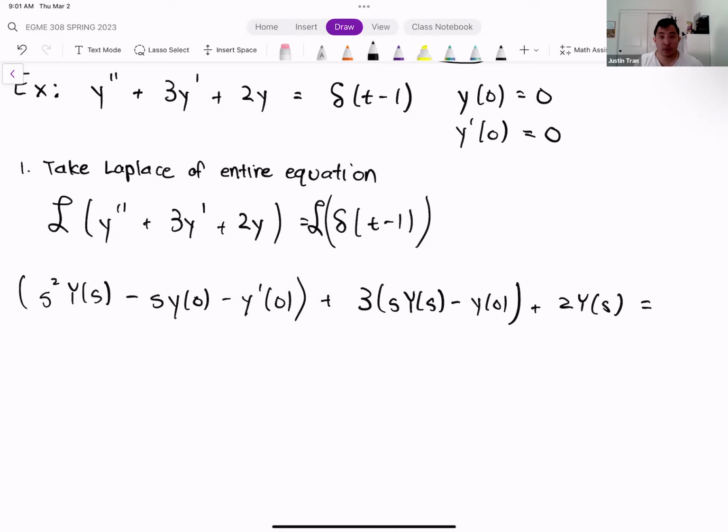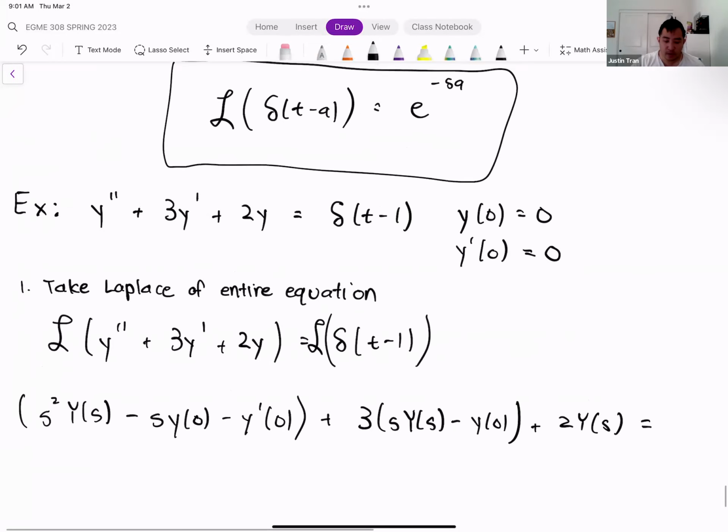Okay. And then we have the Laplace transform of delta t minus 1. So let's use our formula up here. Okay. So the Laplace transform of delta t minus a is just e to the minus sa. And so in this case, our a is equal to 1 because the delta is only offset by a time of 1. And so we end up with e to the minus s. Okay.